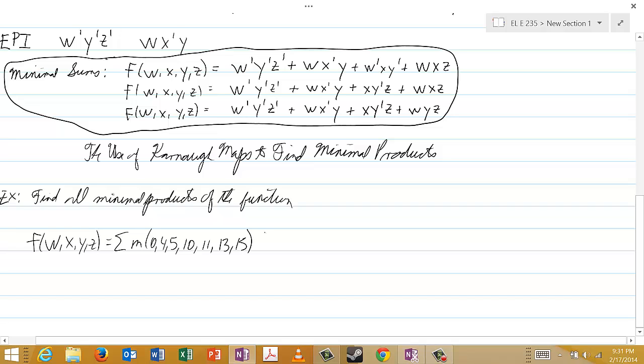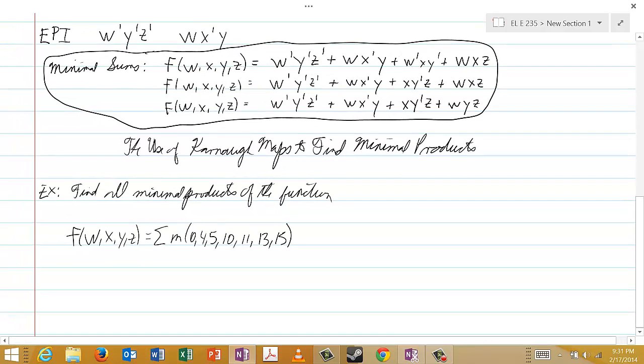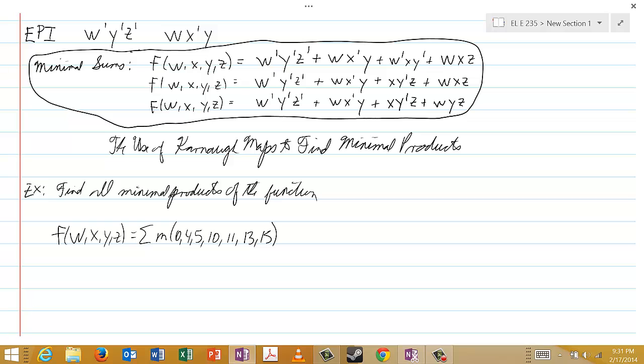So, as we've hinted in class already, when we want to use the Karnaugh map to find minimal products, we generally work with the 0 cells in the Karnaugh map rather than the 1 cells.